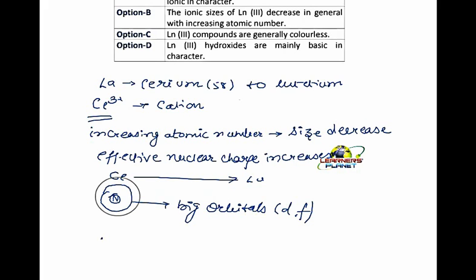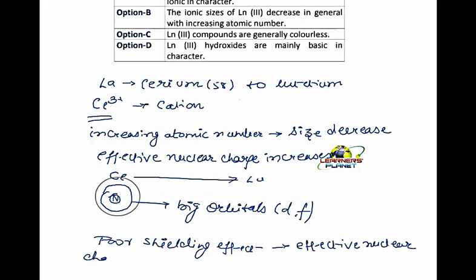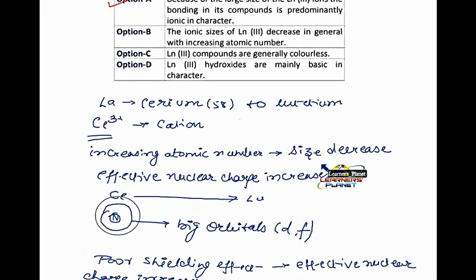These big orbitals have poor shielding effect, and due to this poor shielding effect, the effective nuclear charge increases. And due to this, the size of the ion decreases. So this is also the correct option.